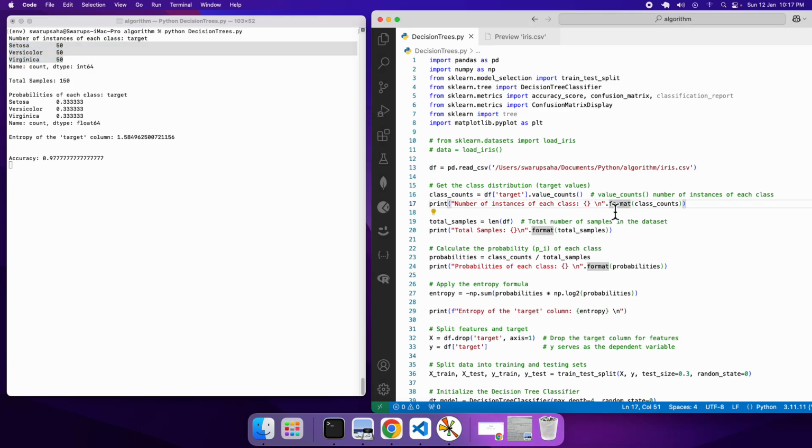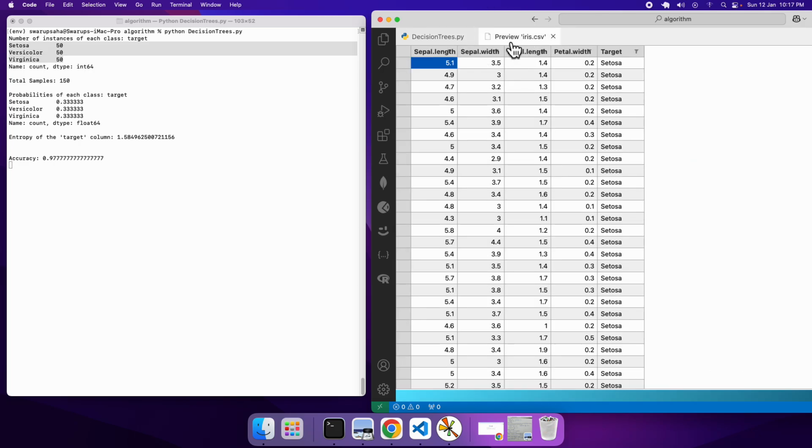For that reason, after reading the CSV file, I am giving a call to a wonderful function provided by pandas, and that is called value_counts. But before you use this function, let's see which particular feature this function will be applicable to. I have a feature called target, which is basically my dependent feature.